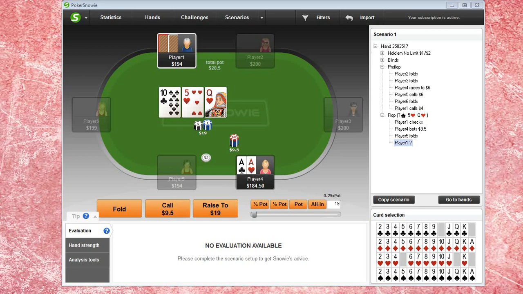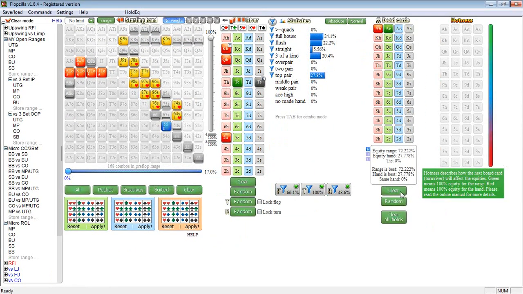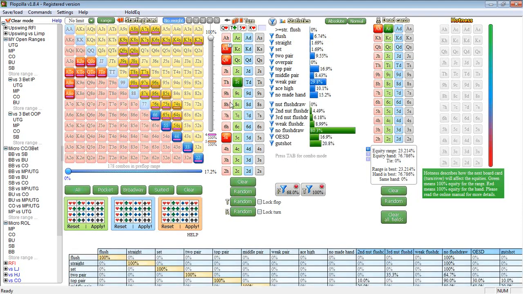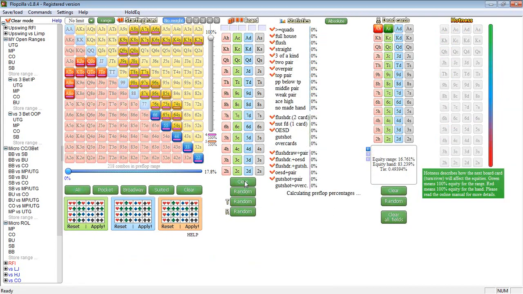I just wanted to show you that. Let's take all this away. This guy's range that we had for him. I kept these hands in there, but that's fine. Let's take away the 10 of spades and the king of hearts. Actually, we don't want to take away all the stuff here.